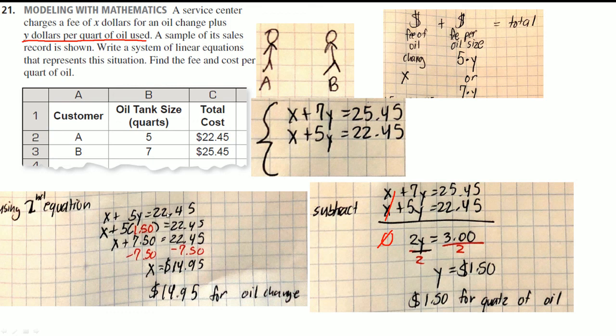That equals $22.45. So multiply this, 5 times $1.50, and that becomes $7.50. x plus $7.50. Subtract $7.50 from both sides, you get x is equal to $14.95. That's how much an oil change would be. So the flat fee is $14.95 plus $1.50 for every single quart of oil.